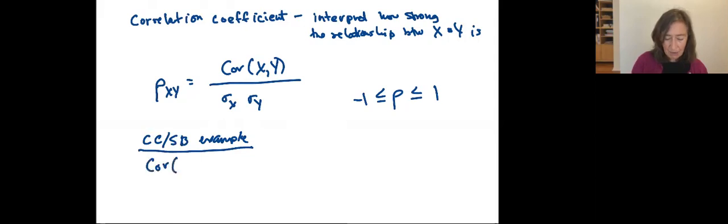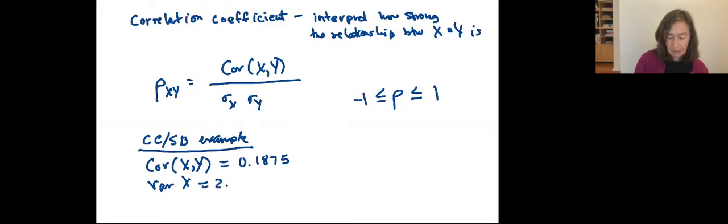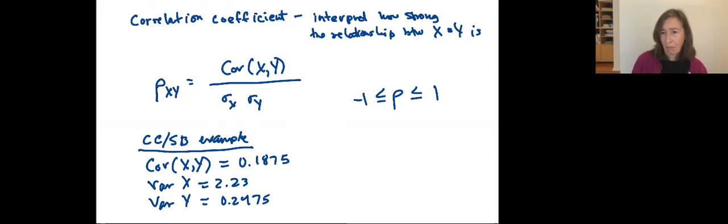Remember, we found that the covariance between the median voter on the city council and the median voter on the school board, that's where X's and Y's are, was 0.1875, and the variance of X was 2.23, the variance of Y 0.2475. I'm not sure we actually calculated that before, but that is in fact what it is.